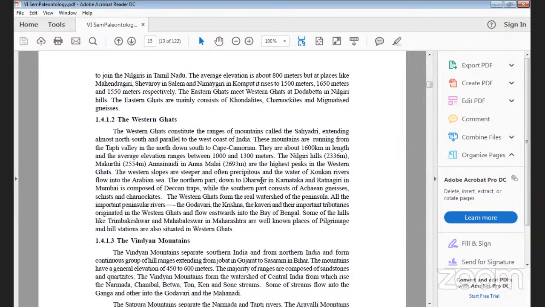In the northern part, we see the Dharwar formations in Karnataka and Ratnagiri, and nearby Mumbai, composed of Deccan traps, while the southern parts consist of Archean gneiss, schist, and charnockites.